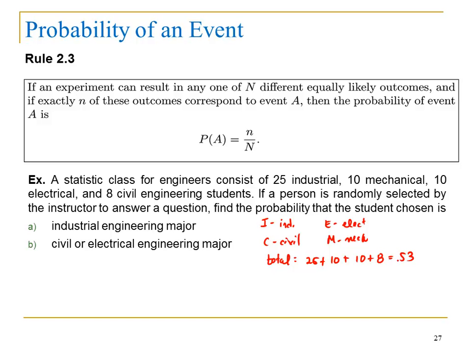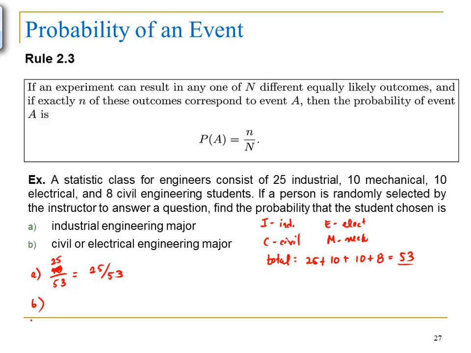So that's your sample space. You have 53 students. And you want to know, if you select one at random, what is the probability that that student is an industrial engineering major? Okay, so from a total of 53, you know that you have 10 that are industrial. I'm sorry, it's 25. 25 that are industrial. So your probability is 25 over 53.